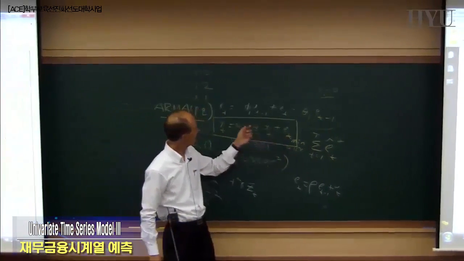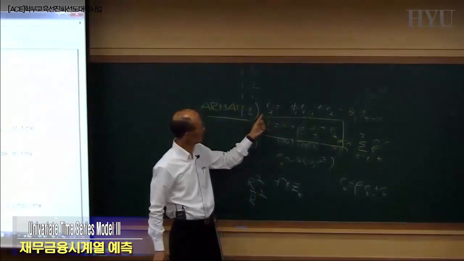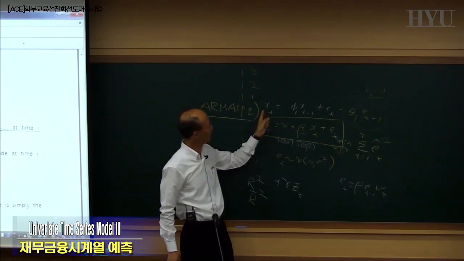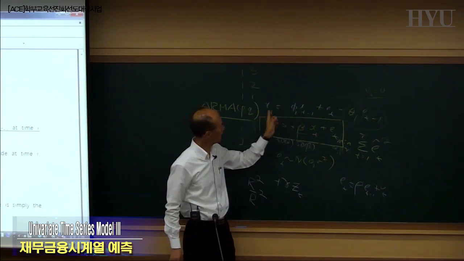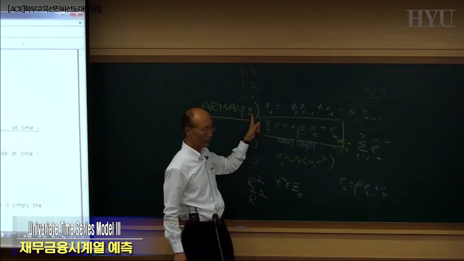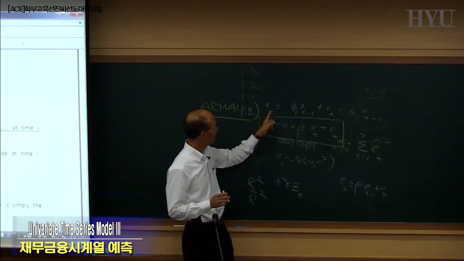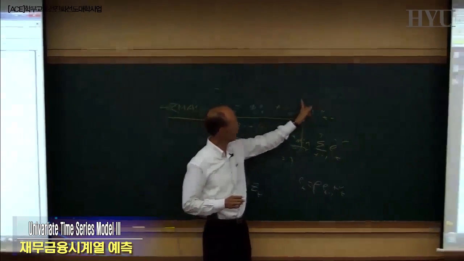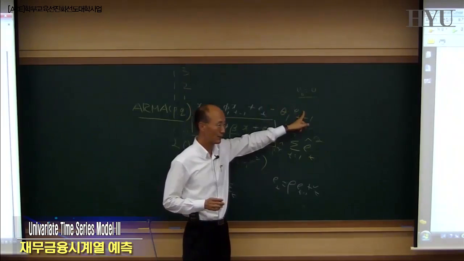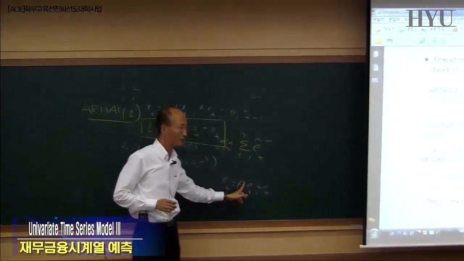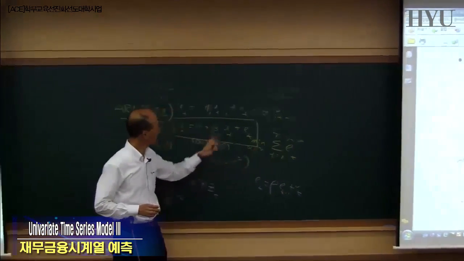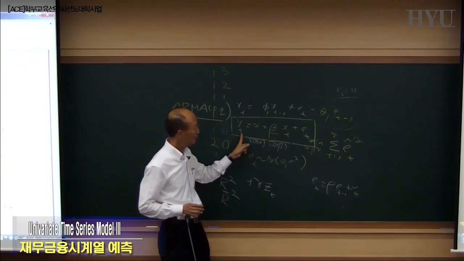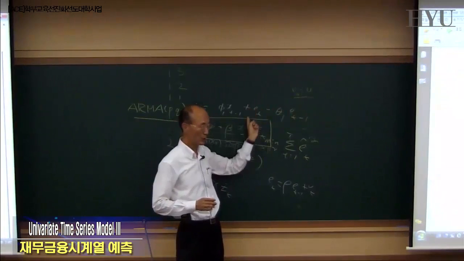But suppose the ARMA(1,1) model is the correct one, but you mistakenly estimated an AR(1) process, then obviously there will be a structure like this one, right? So if you interpret this as that, and this as that, then there will be nonzero correlation like this.